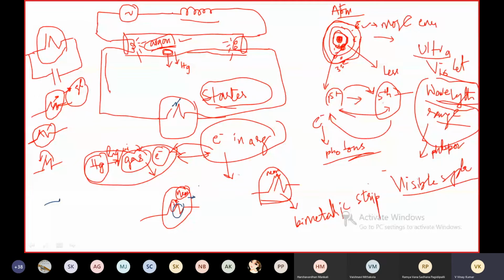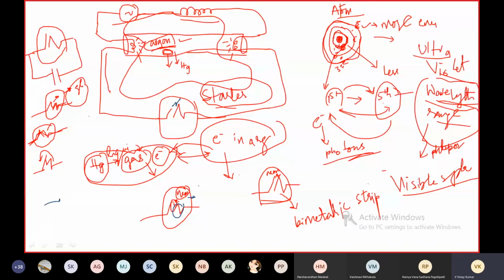So current will be flowing in this direction. When it is making contact with this other electrode, now the circuit is closed. When the circuit is closed, no heat will be produced.